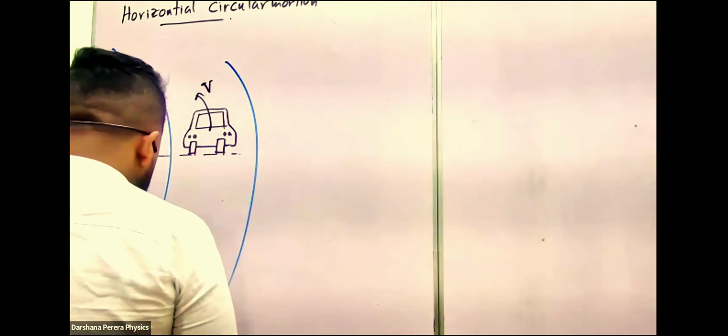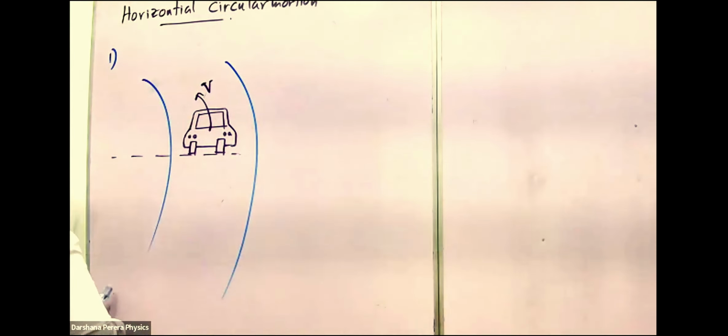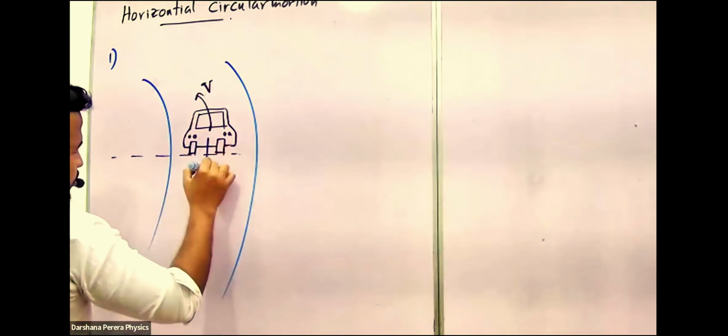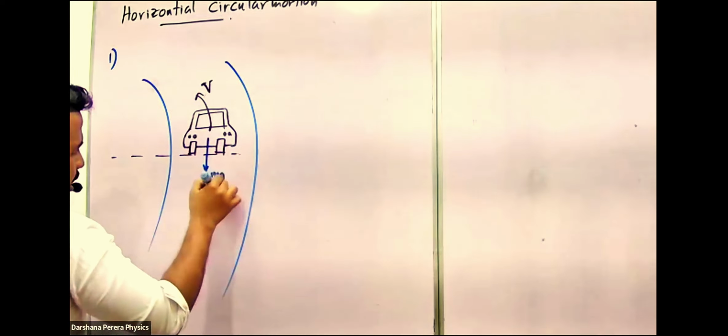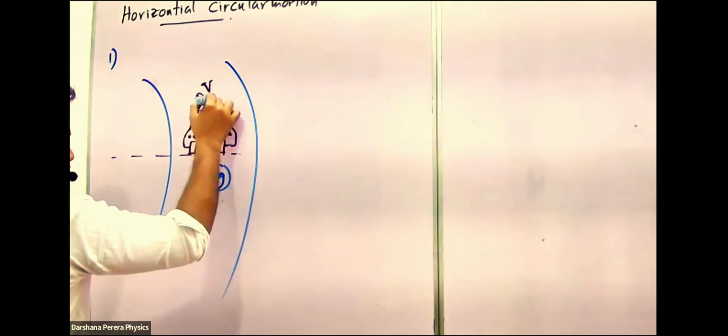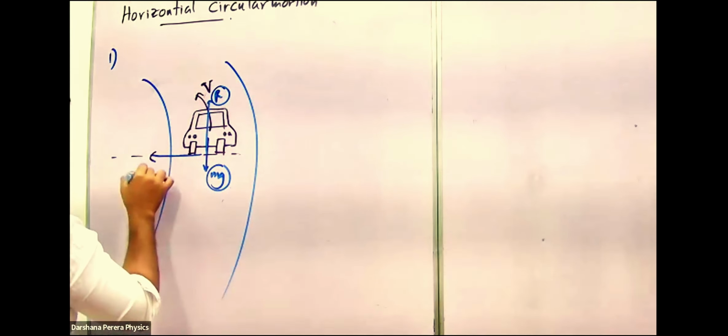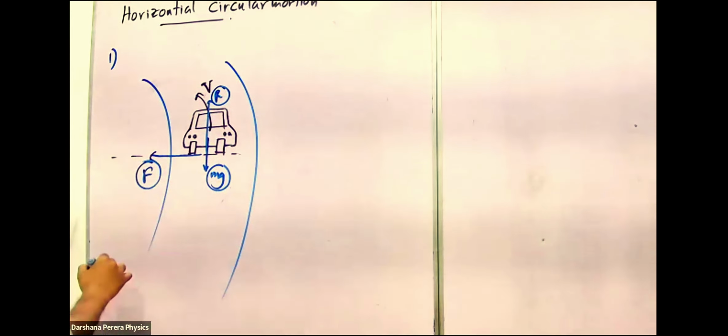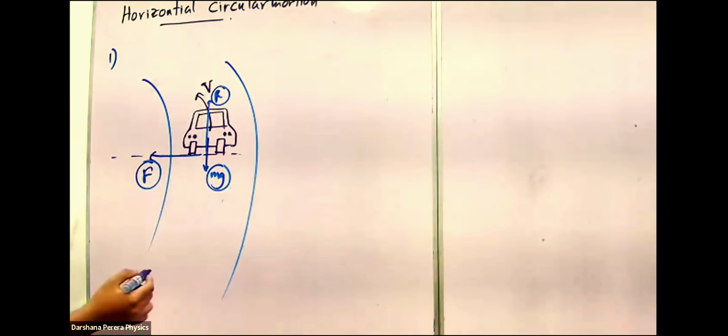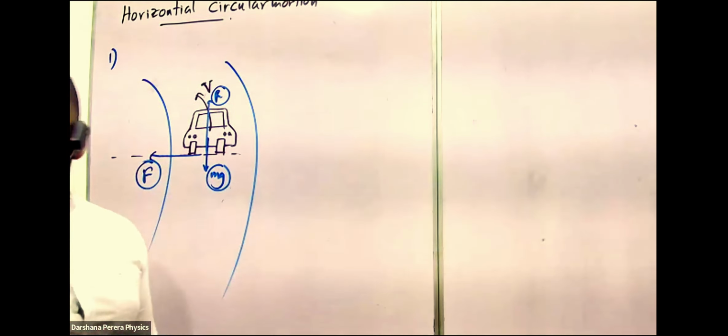While taking the bend, there is a force mg and a reaction force R, but there is also a frictional force. It is the centripetal force required to maintain the circular motion.